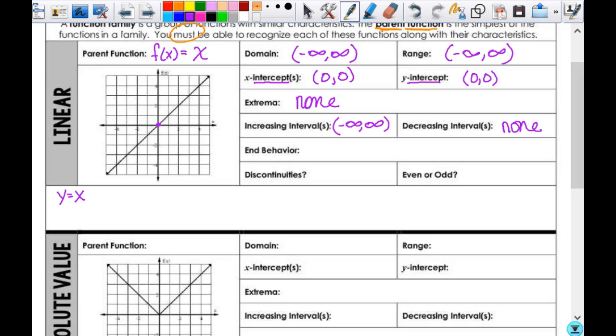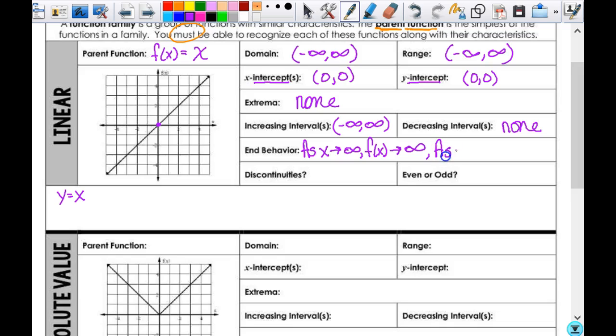End behavior. So we have to say, as x approaches infinity, f of x approaches, and then we can figure that out. As x approaches infinity, what does f of x approach? Infinity. As my x values get larger and larger, the y values also continue all the way to infinity.